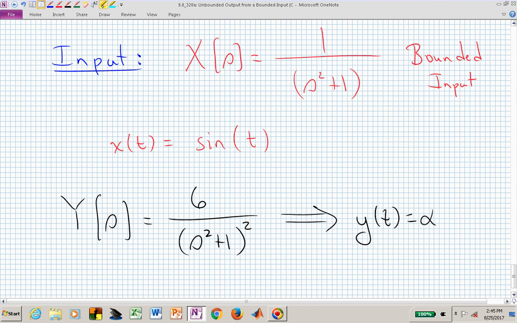But because of this repeated pole, we put a t in front of it. So that's going to generate a t and this s squared plus 1, and we don't have an s in the numerator in this case. So now we simply have a sine at the frequency omega naught equal to 1. So here is our omega naught in the numerator.